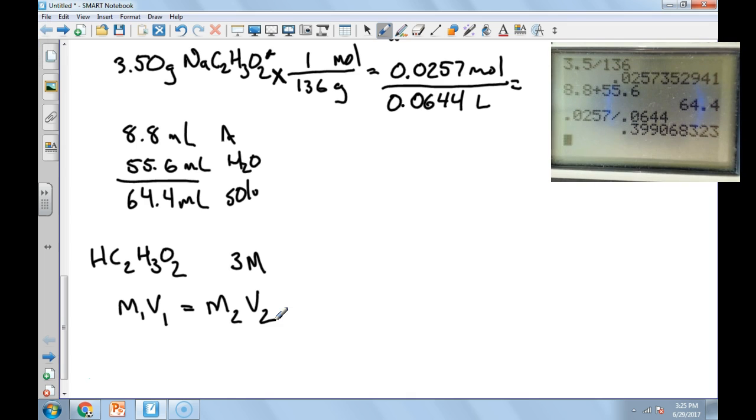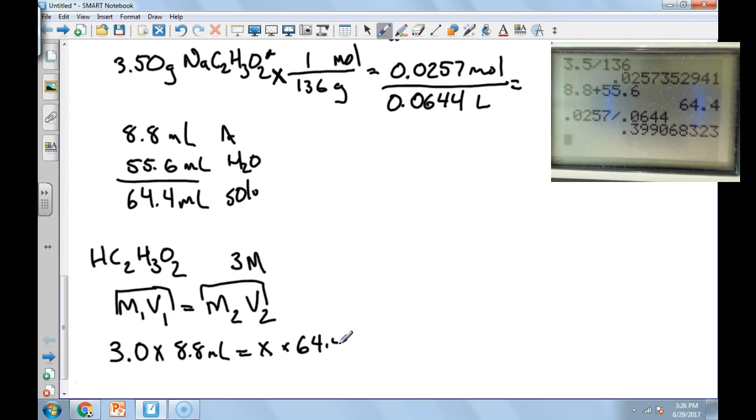It's the same idea that the beginning stuff here is going to, when multiplied, be equal to the ending stuff there. And so the initial concentration of acetic acid was 3.0 molar. And then the initial volume of that, I think we added, it was 8.8 milliliters. And that's going to equal whatever the new molarity is times the new volume, and that new volume is 64.4.